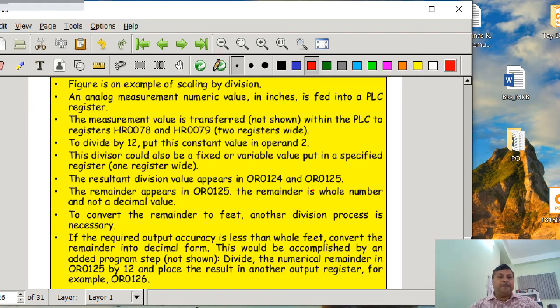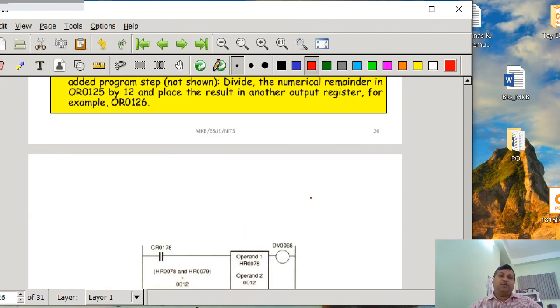To convert the remainder to feet, another division process is necessary. If the required output accuracy is finer than whole feet, convert the remainder into decimal form. This would be accomplished by an added program step. What is that? Divide the numerical remainder in OR 125 by 12 and place the result in another output register, for example OR 126.